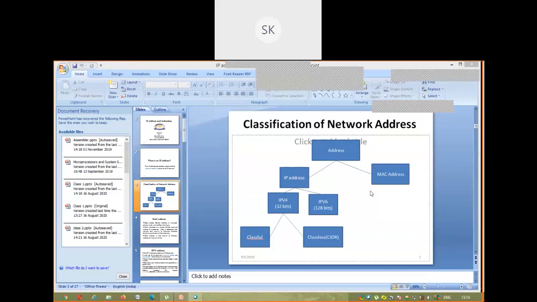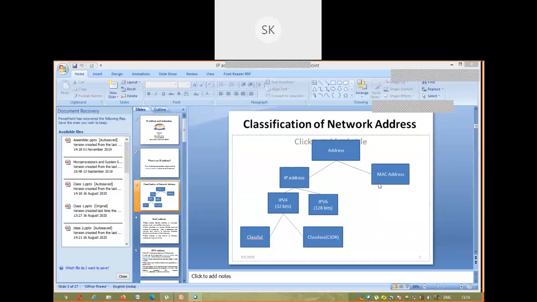And one of the duties of data link layer is to provide MAC address or physical address to each and every device of the networks, right?